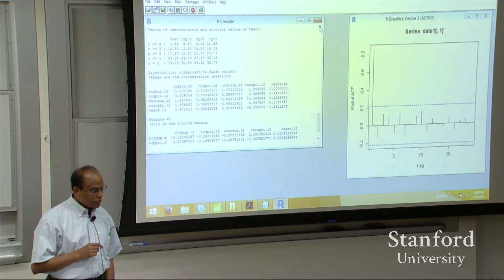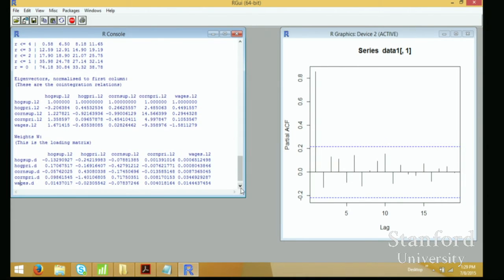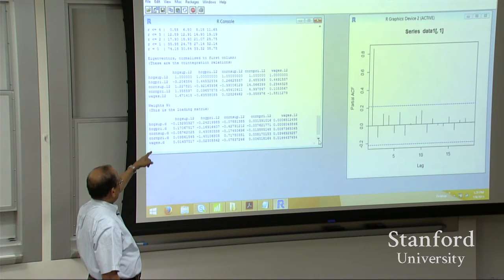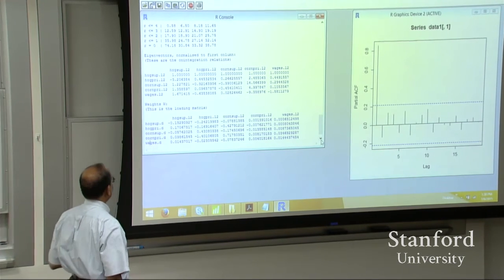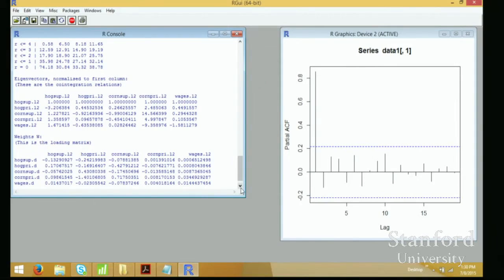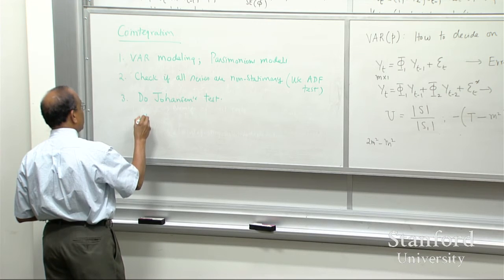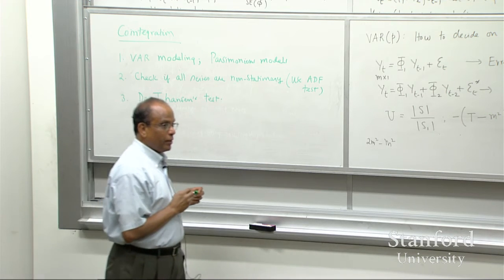Okay, just to give you an idea, how do you read this? The way I would read this is as follows. The first column gives you the linear combination associated with the first significant eigenvalue. Essentially what we get here is this column, beta prime y(t-1).